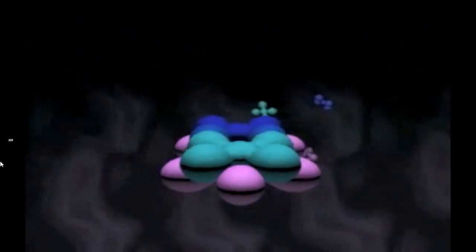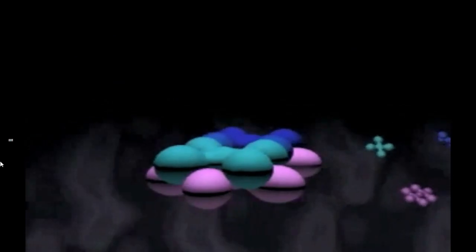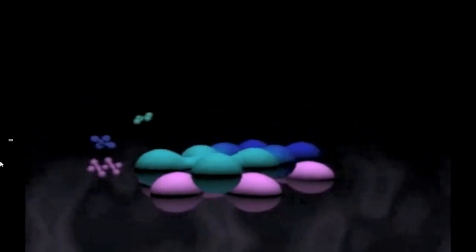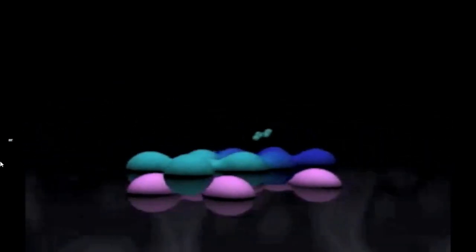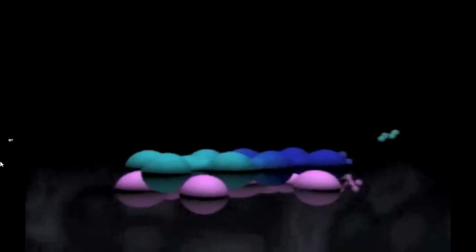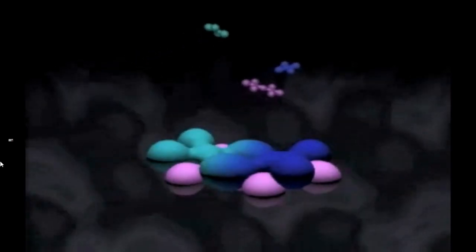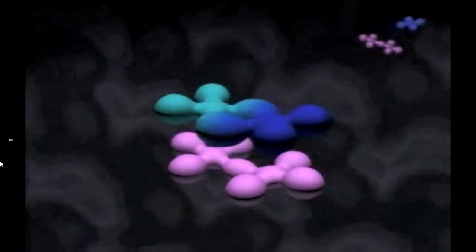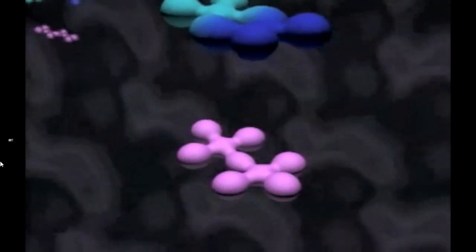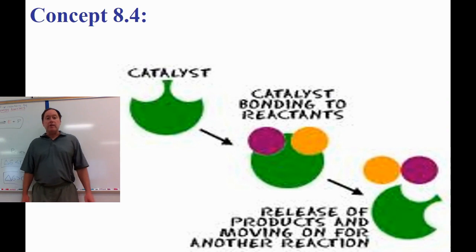However, the enzyme changes shape a little to fit with the substrate. In the enzyme-substrate complex, the enzyme holds the substrate or substrates in a position where a reaction can occur easily. After reaction, the enzyme releases the products and can go on to carry out the same reaction again and again. I know that's old, but it's good stuff here.